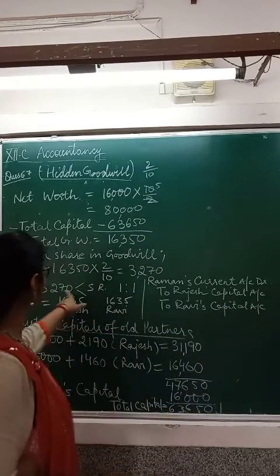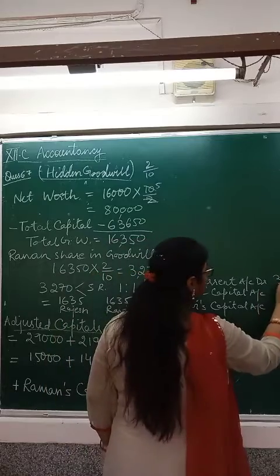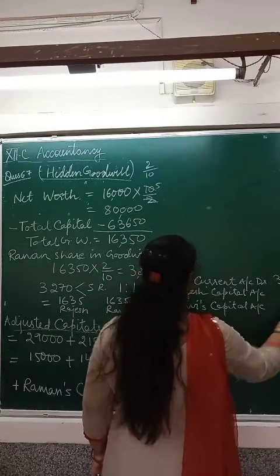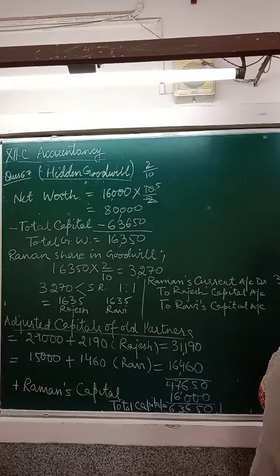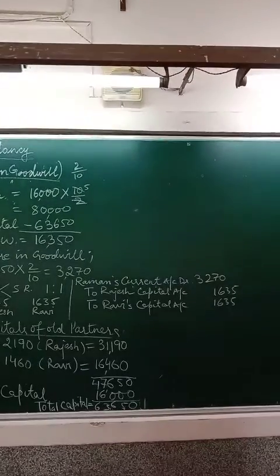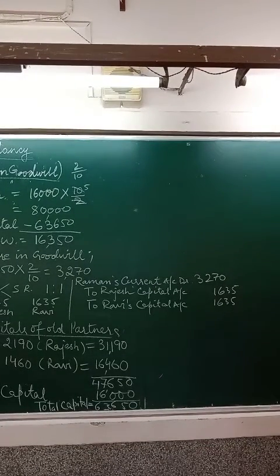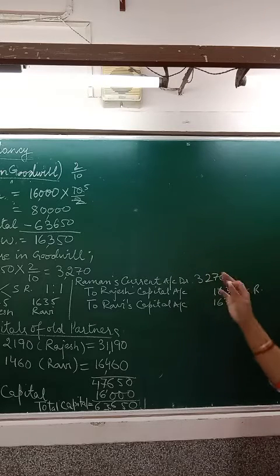A total being 3270, and here it is 1635 and 1635. Check it out if it is not available in the frame. Raman's current account will be debited with the total of Raman's share, and it is distributed amongst Rajesh and Ravi in their sacrificing ratio. So this is the calculation of hidden goodwill.